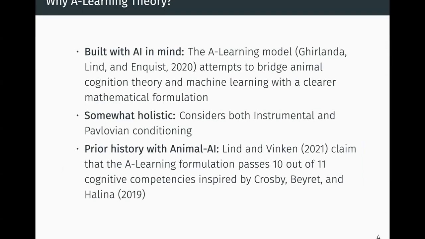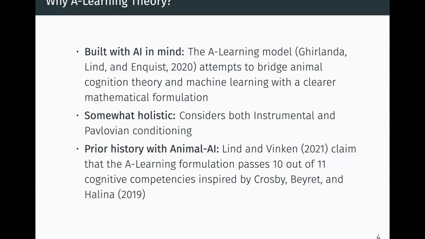For the animal psychologists, it is interesting because it combines both instrumental and Pavlovian conditioning. I will talk a bit more about that later, but Pavlovian conditioning is about the relationship between stimuli, and instrumental conditioning is more like reinforcement learning, where it considers the actions and the effects of those actions.